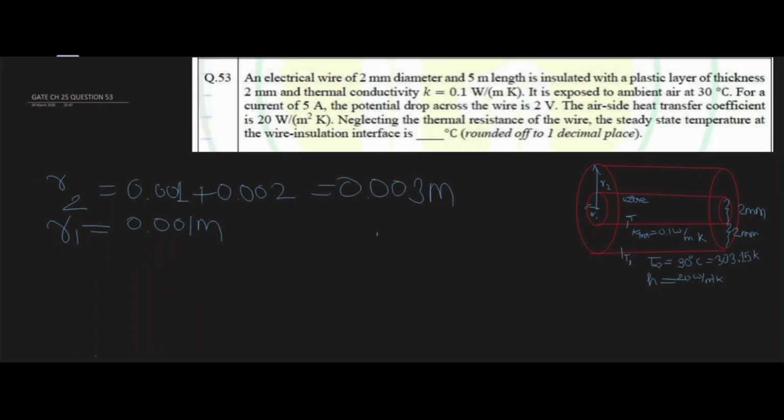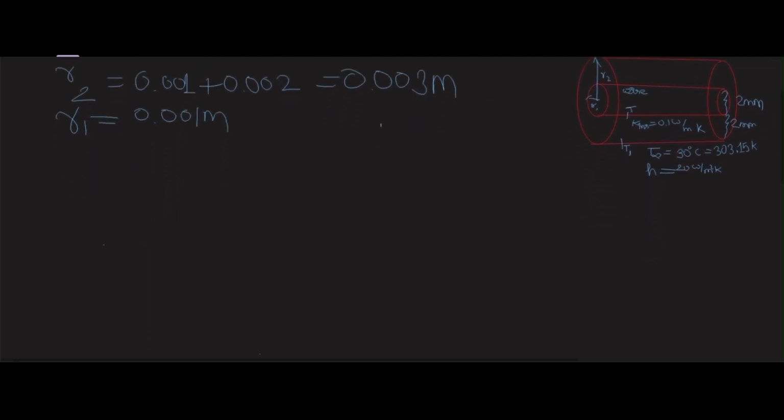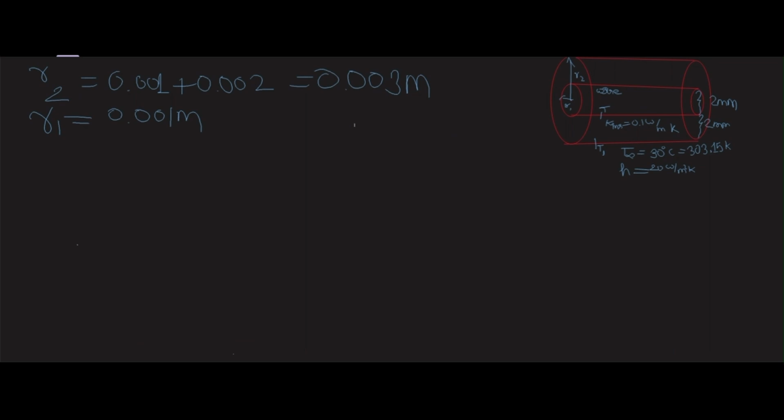Now the radius of the outer diameter of the wire is 0.001 meter. Now we know the voltage and current flowing through the wire are given.